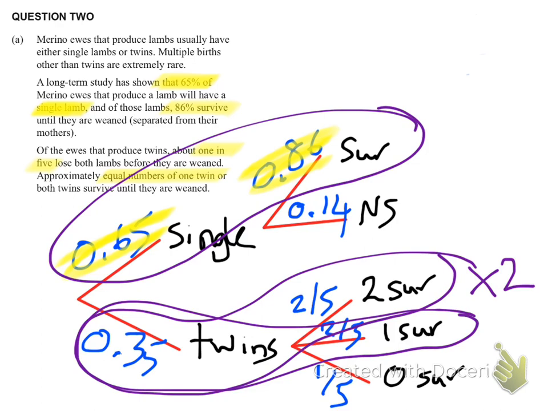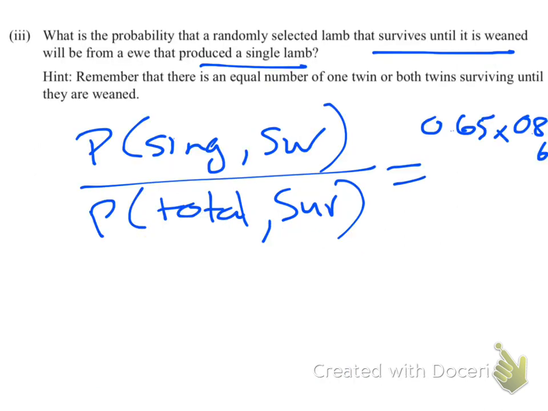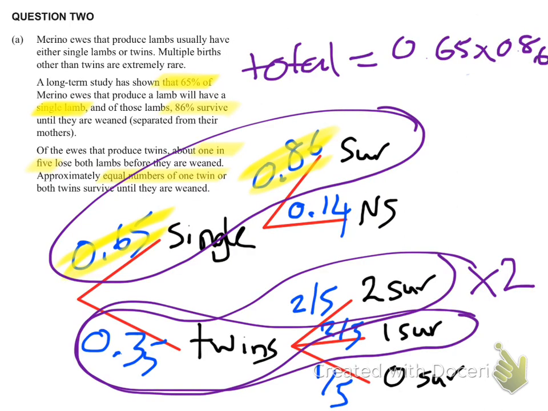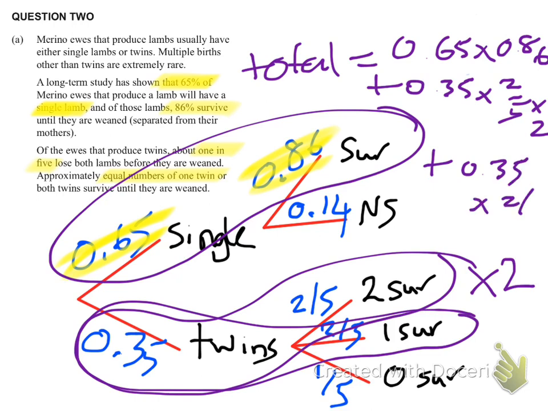So to get the total surviving, we need to do the 0.65 times the 0.86, plus we've got to do twins where 2 survive, so twins is 0.35 times 2/5, and that's where twins both survive, so you're multiplying that by 2, plus you're going to do your twins where 1 survives, so that's 0.35 times the 2/5.